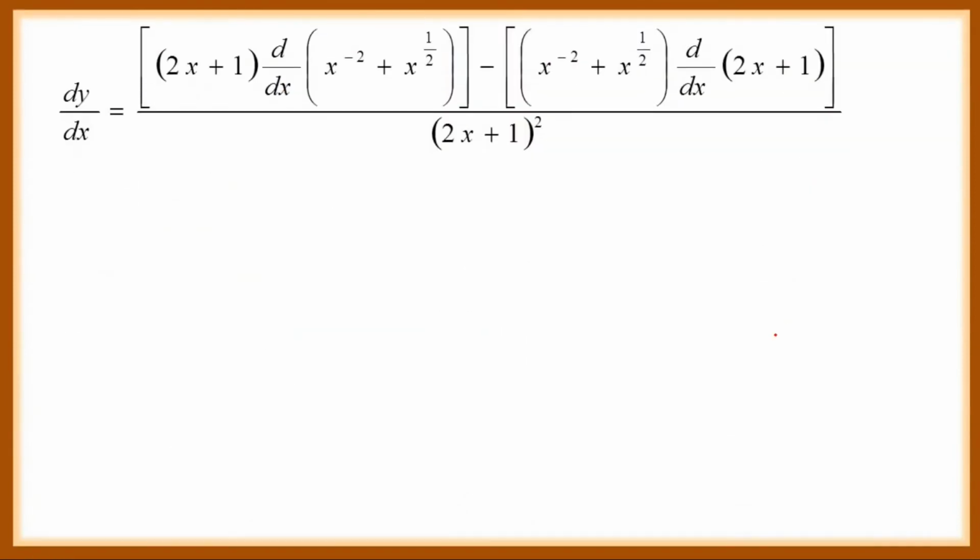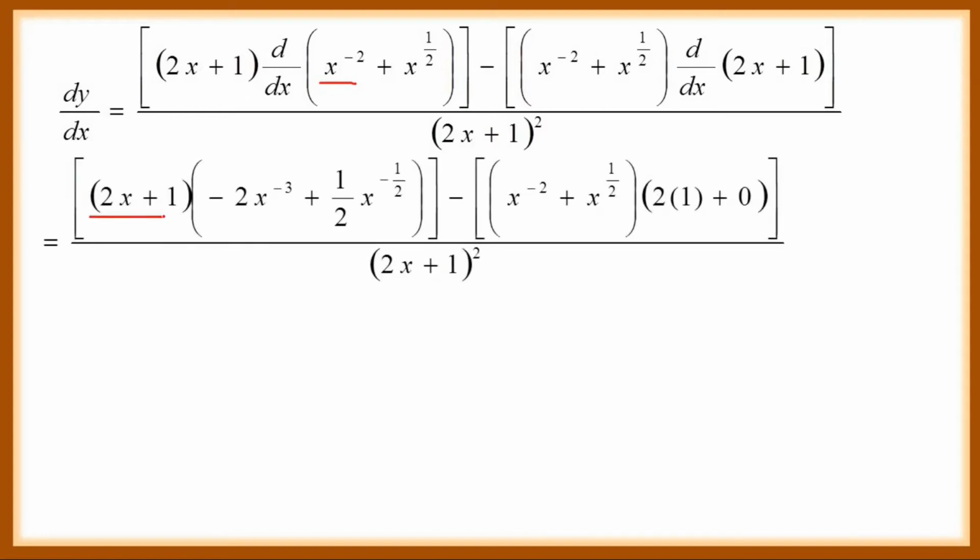Let us continue. To get their derivative, let us apply the basic rules of differentiation. Simula muna tayo kay power rule for this term. What we will be doing is retain si 2x plus 1. For this part, ang gagawin natin, ibababa natin si exponent. Kaya andito si negative 2. Tapos, babawasan natin siya ng isa.